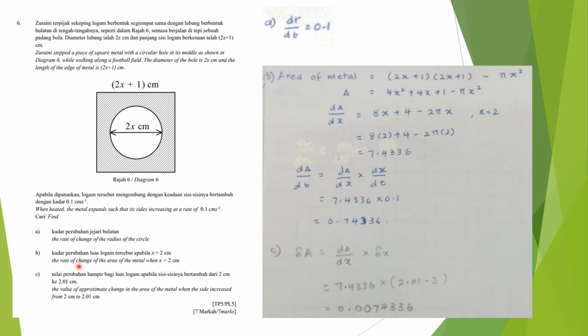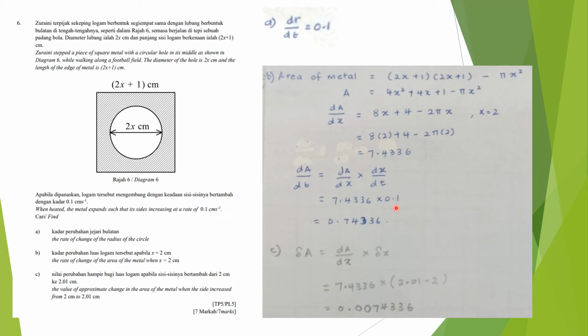The question is asking for the rate of change of area, dA over dt. So how we want to form dA over dt is dA over dx times dx over dt. So we know dx over dt is already given in the question, that is 0.1. dA over dx we just found just now, that is 7.4336.